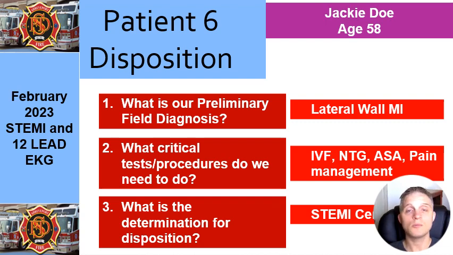So again, there are some systems that actually do initiate TPA out in the field. Some of our more satellite rural systems cover hundreds of square miles, sometimes thousands, and the nearest PCI center is hours away. And so they need to be able to act quickly and definitively.